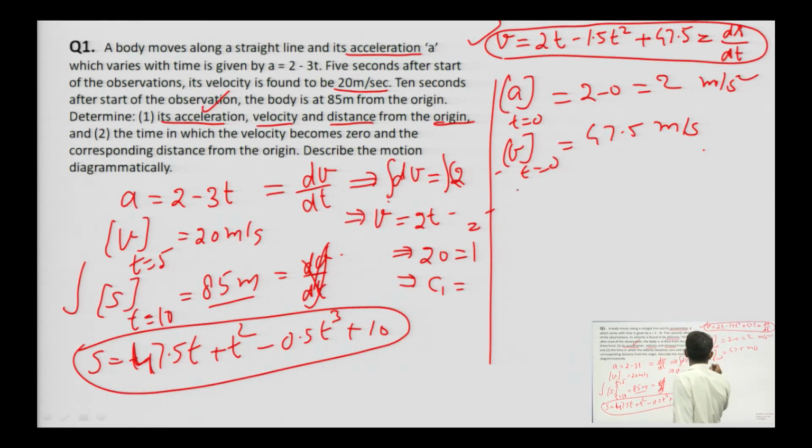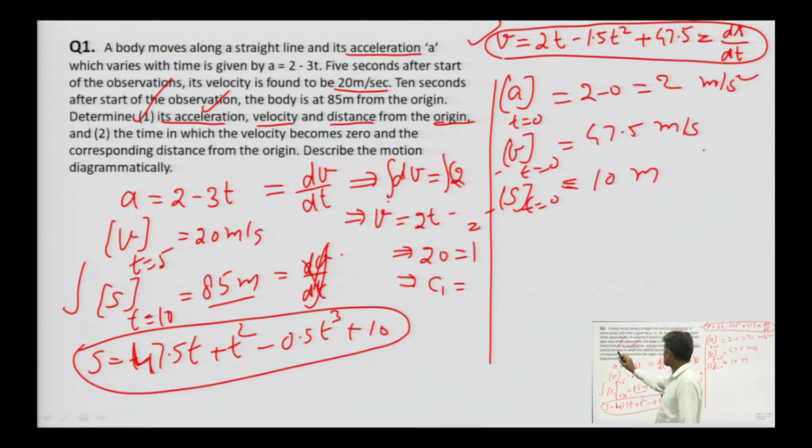Right, s at t equal to 0: put t equal to 0, what do we get? We get 10 meter. All the other terms will be 0, only 10. So, this is the answer for part 1.